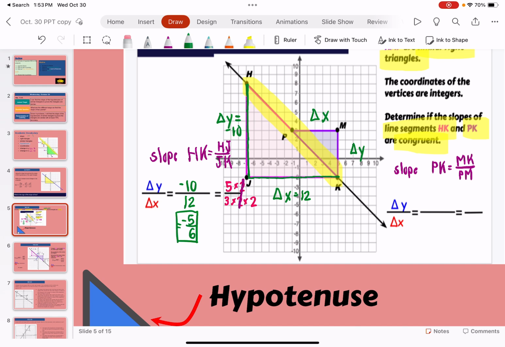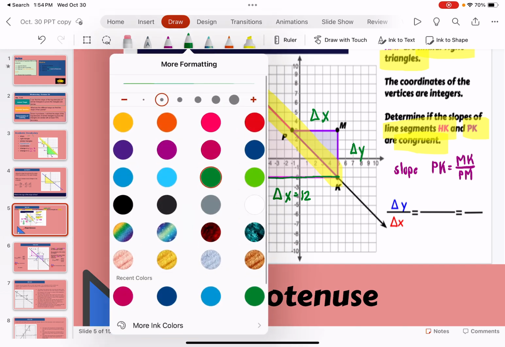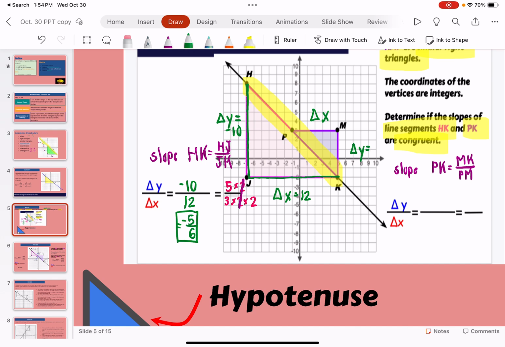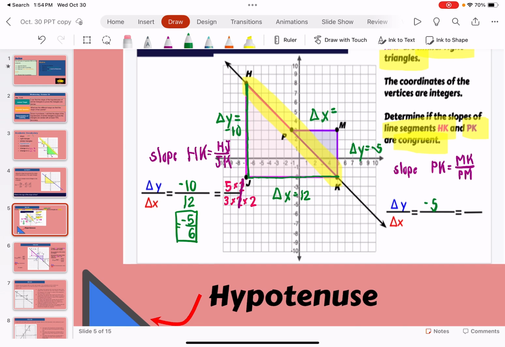And then we're doing the slope of the smaller purple triangle, right? So we're finding the side length of MK. So MK is going to be negative 5. So again, all we had to do was count the boxes in between M and K. And then our change in X, which is PM, is going to be 6.